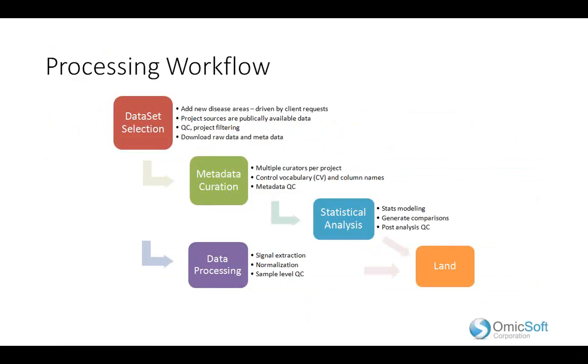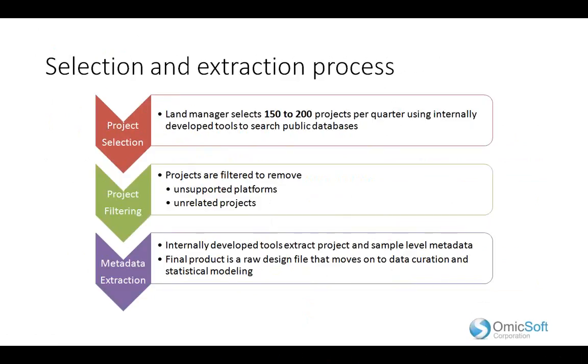So for the metadata curation step, we start this process by selecting projects, and then we have internally developed scripts using keywords to extract the metadata from the original sources for both GEO and ArrayExpress. These projects are filtered.